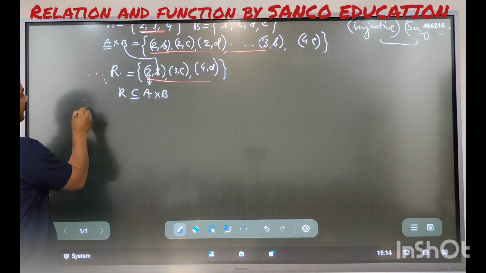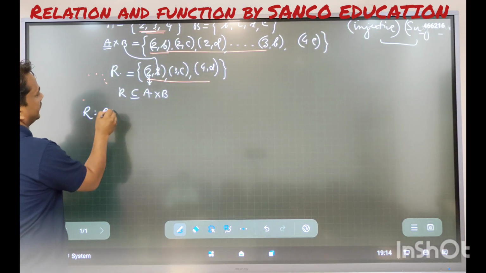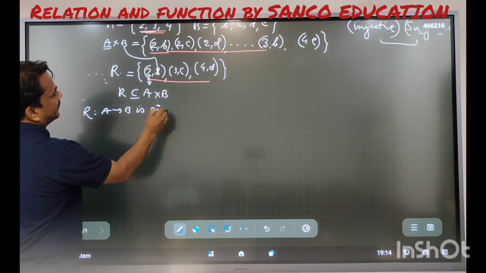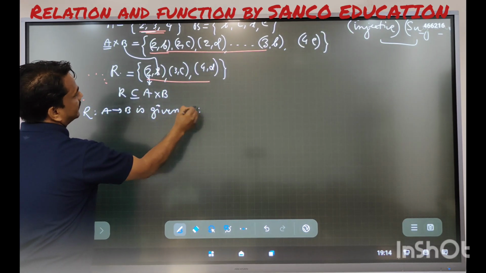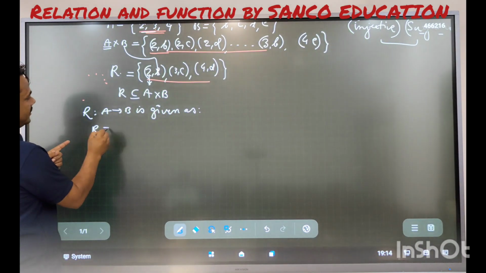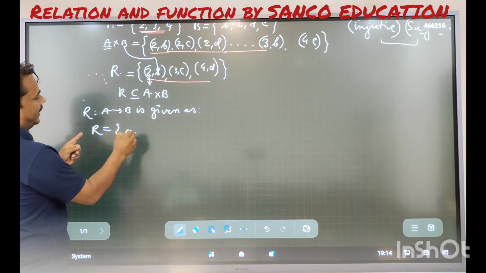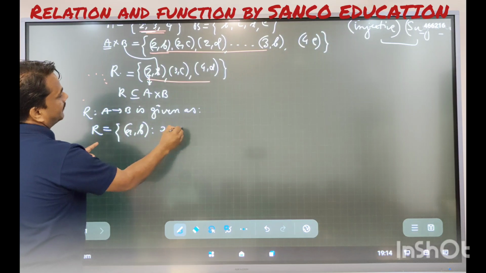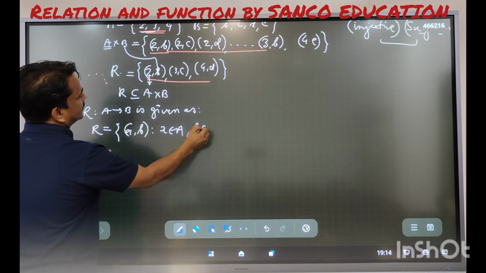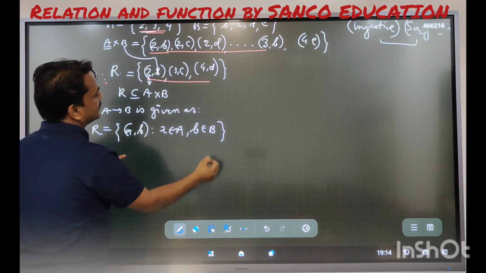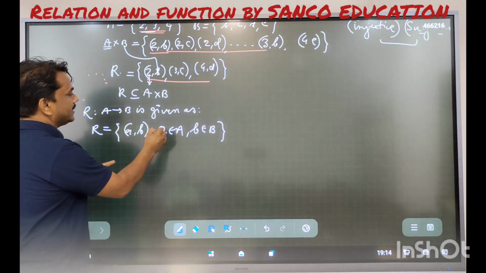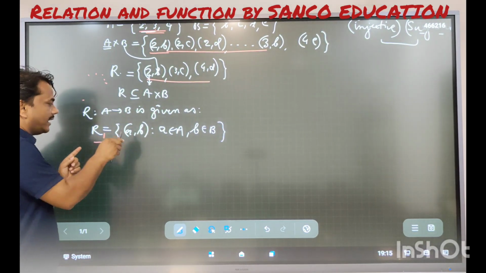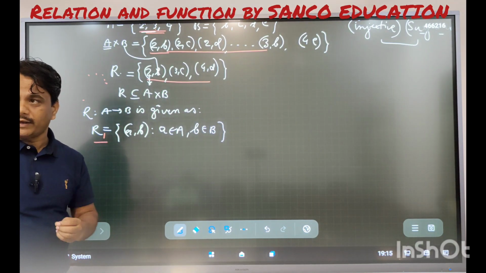A relation from A to B is given as a collection of all elements (a, b), where the first member will be from set A and the second member will be from set B. This is the relation I am giving the name R1.